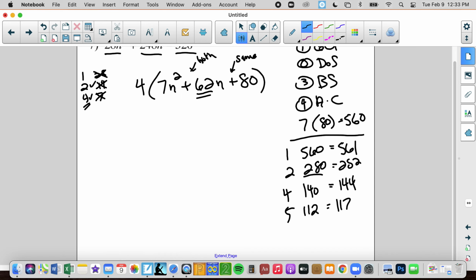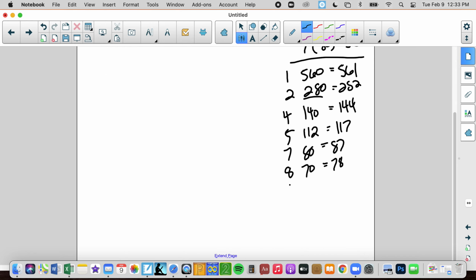7, yes, we know 7 and 80. That gives me 87. We're getting closer to 62. 8, yes, 8 goes into it 70 times. So that gives me 78. 9, no, because 3 doesn't go into it. 10, yes, 10 and 56.